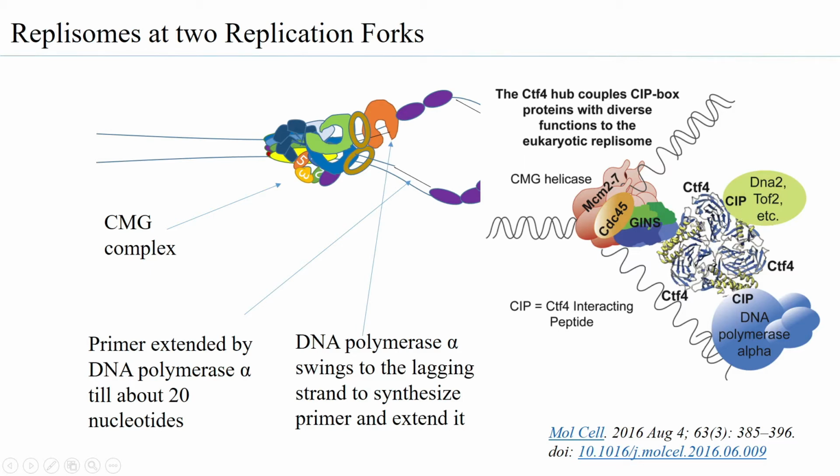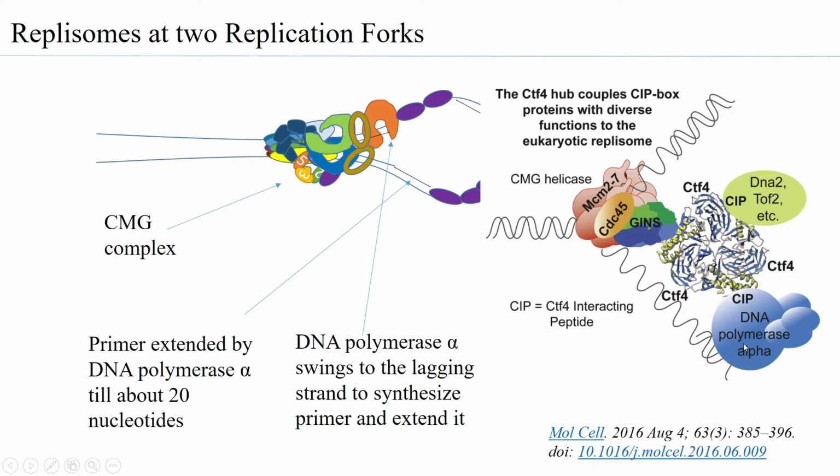So what is a CIP box? CIP box is nothing but a CTF4 interacting peptide. As you can see, GINS has a CIP box, and hence it can interact with the CTF4. DNA2, TOF2, etc. have CIP boxes, so they can interact with the CTF4.